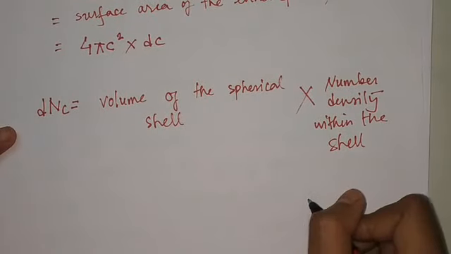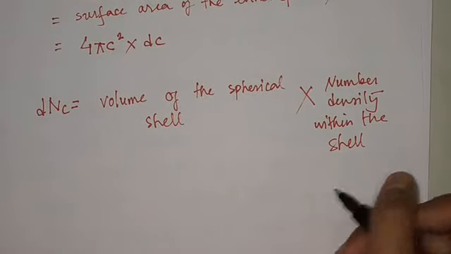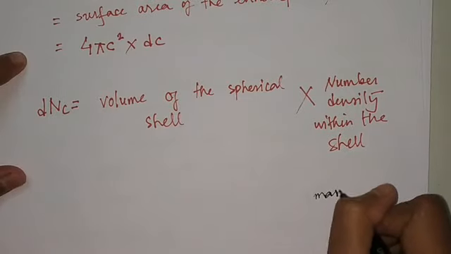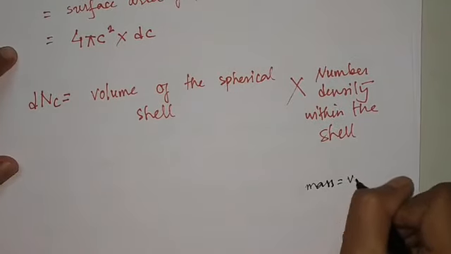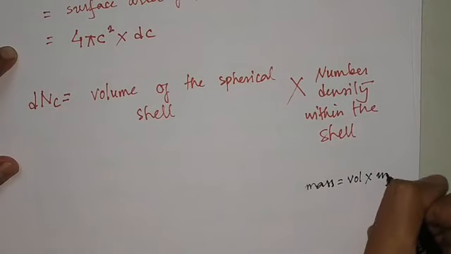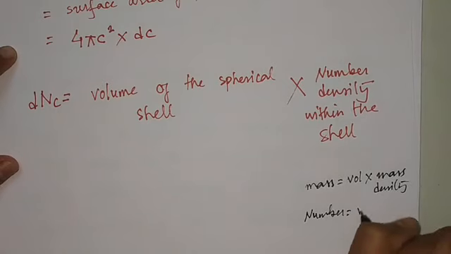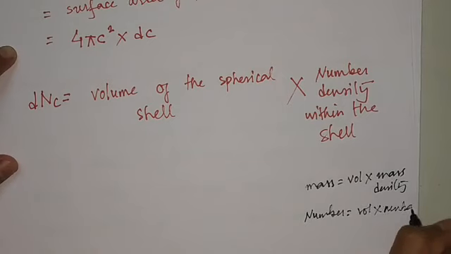So generally if we have mass, okay, mass is volume into mass density. Here we are trying to find the number of molecules, so number will be volume into number density.